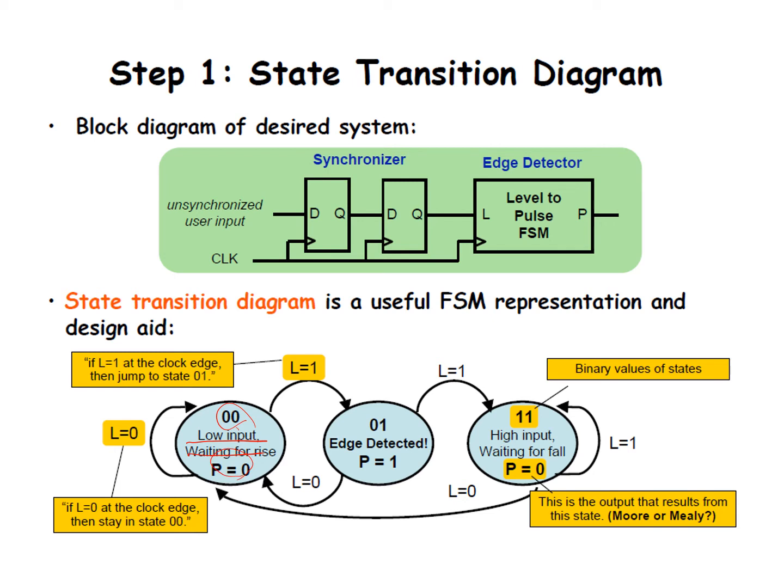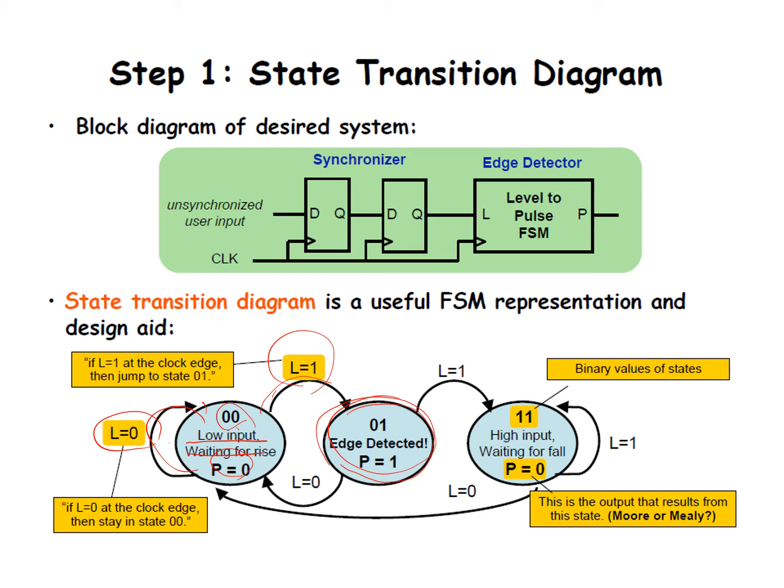If the input L stays low, we stay in this state. Once the rising edge comes, the input goes from 0 to 1, and we go to the edge detection state.